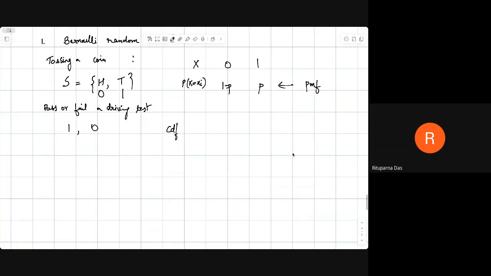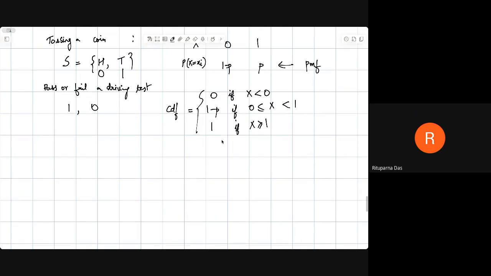So similarly here, the CDF will be 0 if x is less than 0, because we have only values 0 and 1. When x is greater than or equal to 0 and less than 1, the value will be 1 minus p, and if x is greater than or equal to 1, then it will be p plus 1 minus p, so the CDF will be 1.